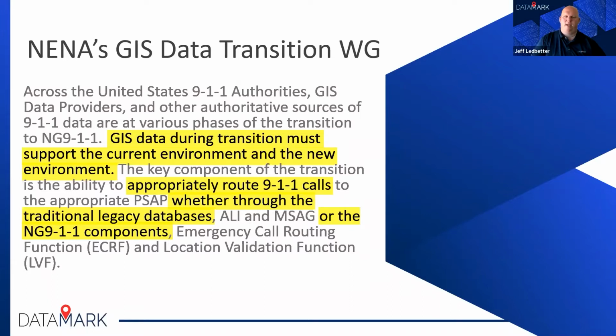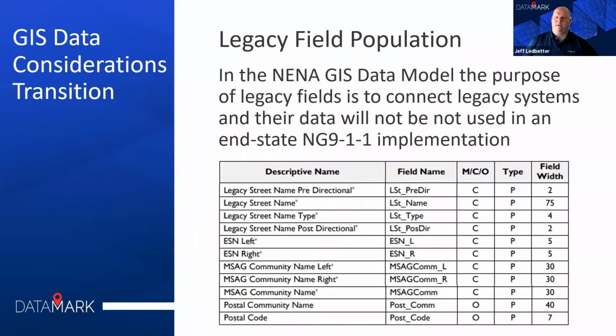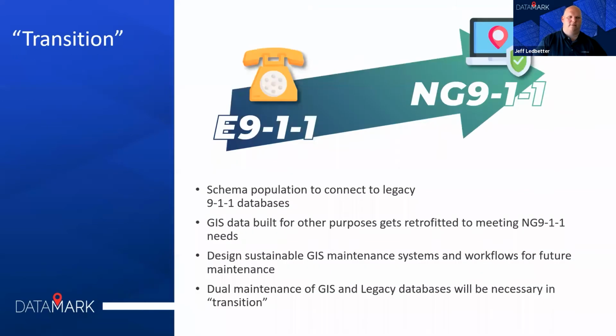So let's jump right into what we mean by transition. In this transition from E911 to Next Generation 911, there's a few things that you really have to think about, and we're going to go into details on these things here.